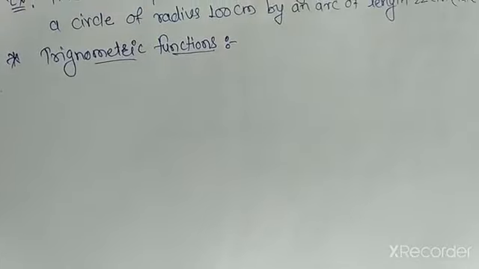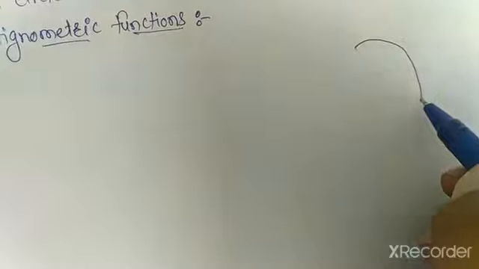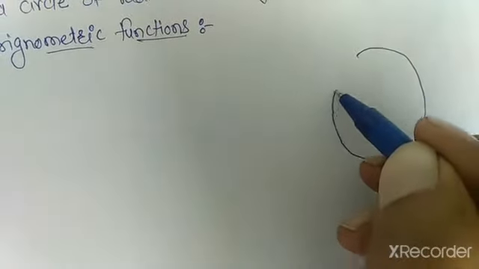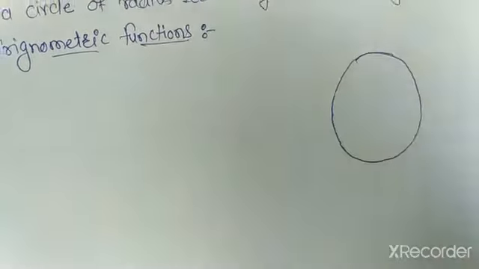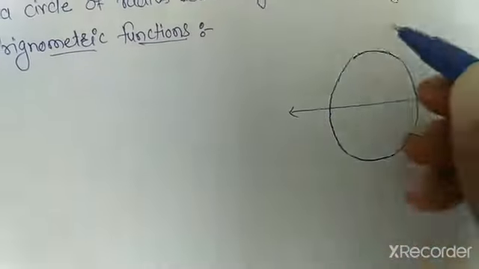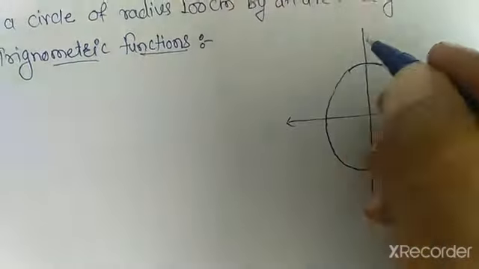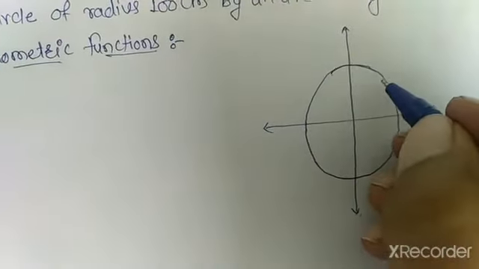Okay, so if you consider a unit circle, which means radius is 1, on x y axis. Okay, here I consider a unit circle with radius 1.